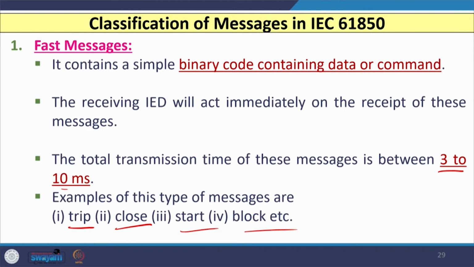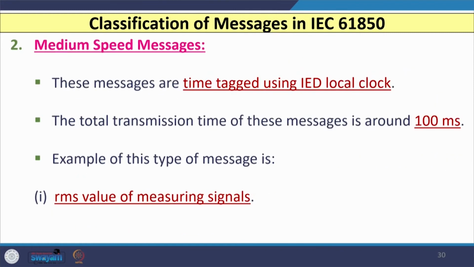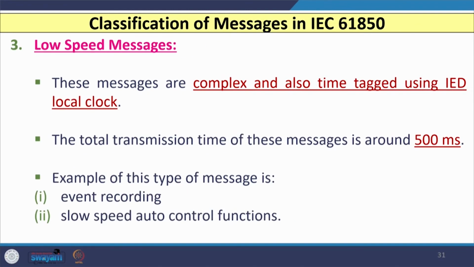All this comes under fast messages. The second type of messages is known as medium speed messages, and these messages are time tagged using the IED local clock. The total transmission time in this case is around 100 millisecond, and the best example of this type of message is the RMS value of measuring signals. The third type of messages is known as low speed messages.